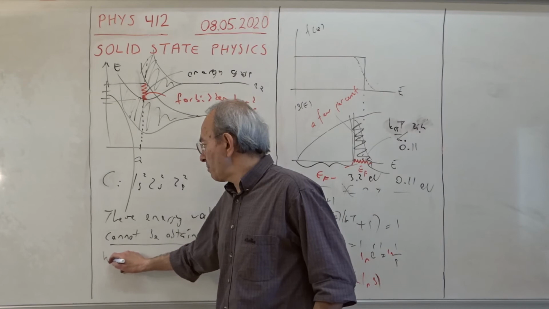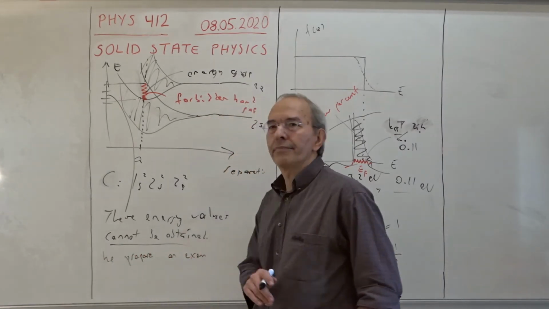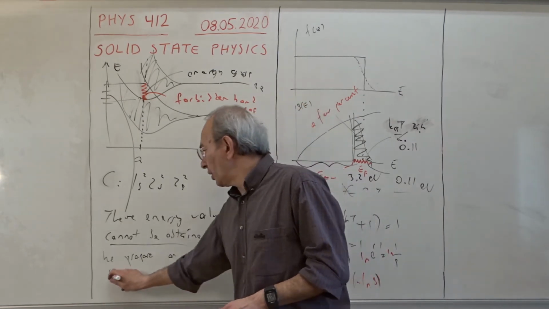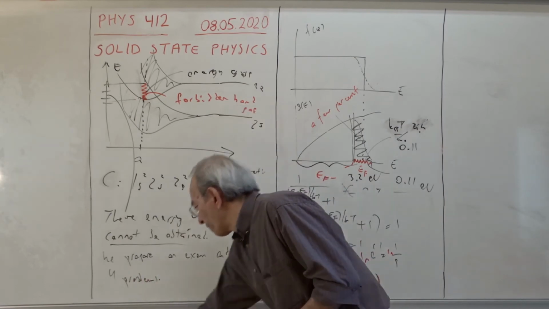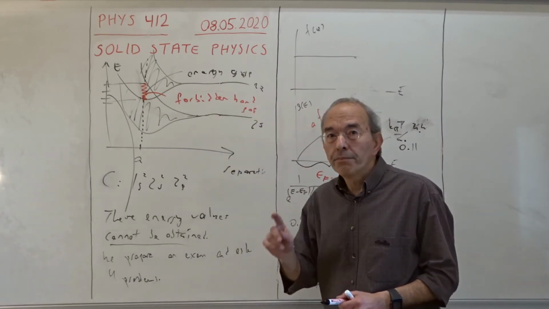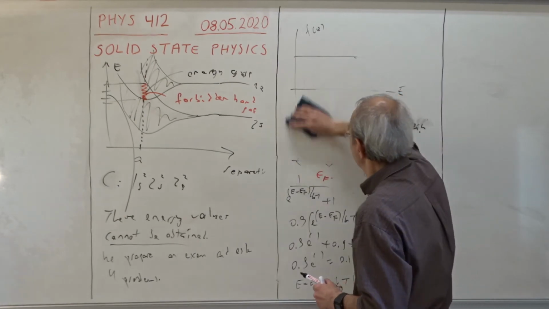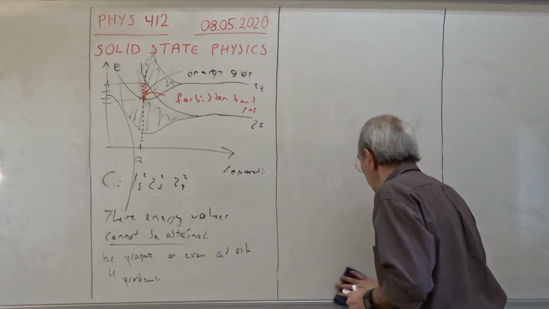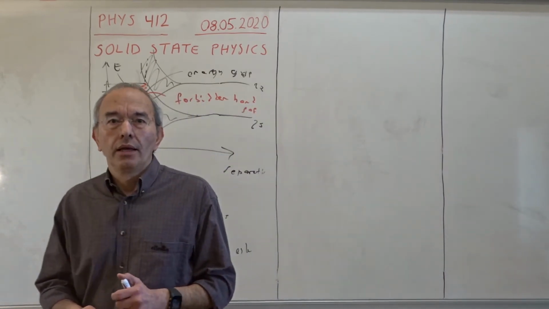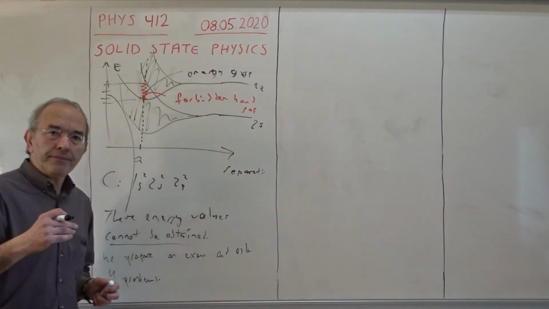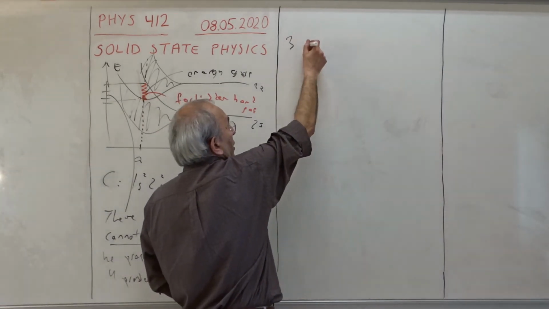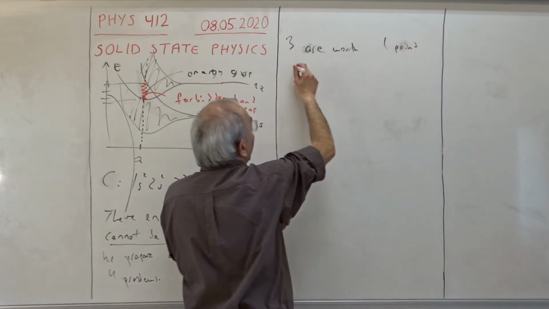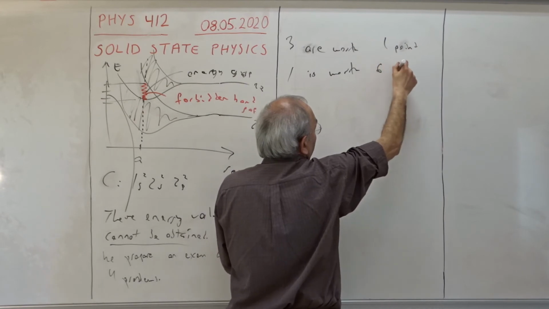Let's say we prepare an exam of physics and ask only 4 problems, but they are not worth the same. 3 of them are worth 1 point, and 1 is worth, let's say, 6 points.